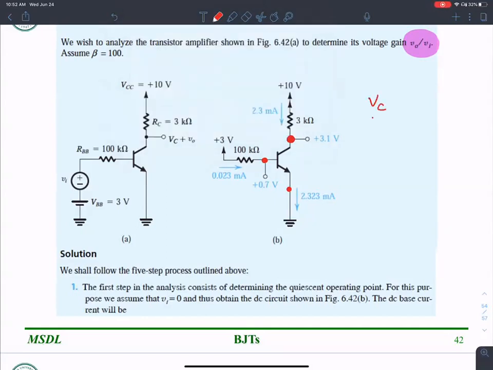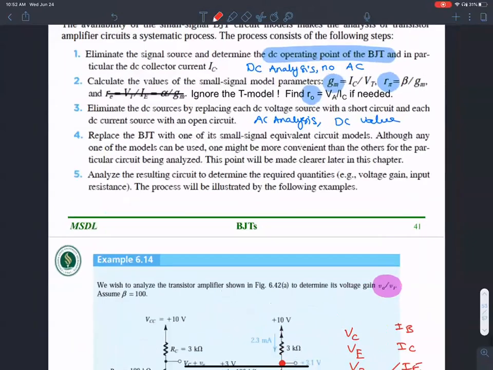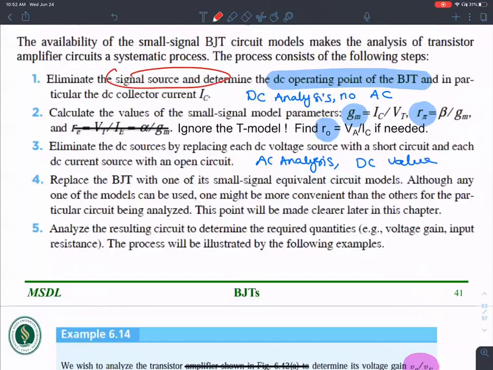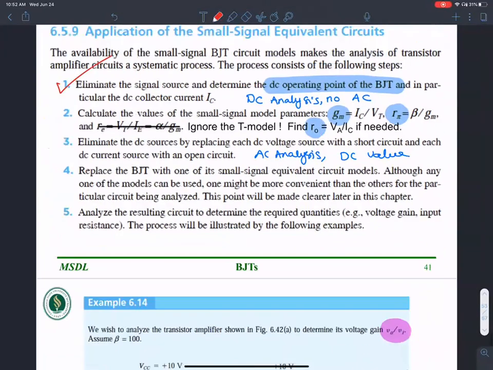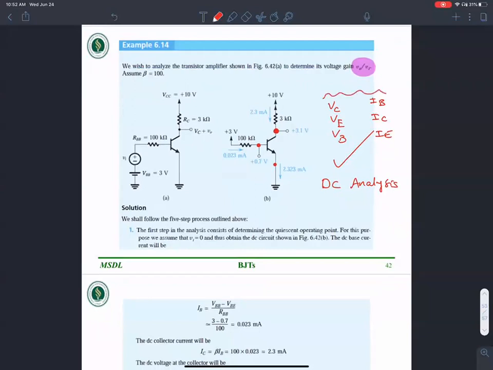So we found VC, VE, and VB, and we also found IB, IC, and IE. That determines my large signal DC analysis. So that's step number 1: eliminate the signal source and determine the DC operating point. The DC operating point is simply the values for this.